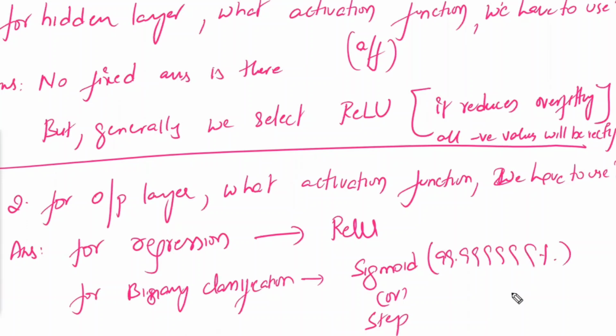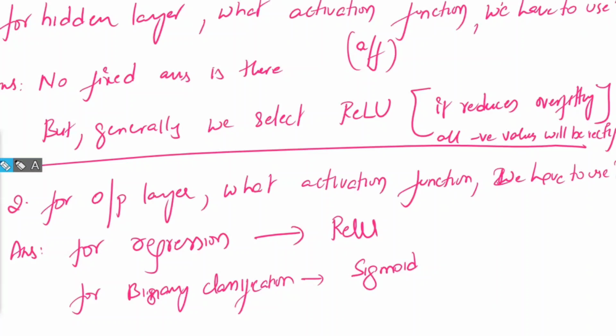Out of 10,000 data sets, one might give a better answer with step. Maybe. Till now, I have not identified it. We tried with step also, but never got the best answer with it. Maybe we may get it in the future. I don't know. But as of now, sigmoid is the best one. So blindly, for binary classification, go with sigmoid. If you are asked only one, no need to confuse yourself, go with sigmoid.